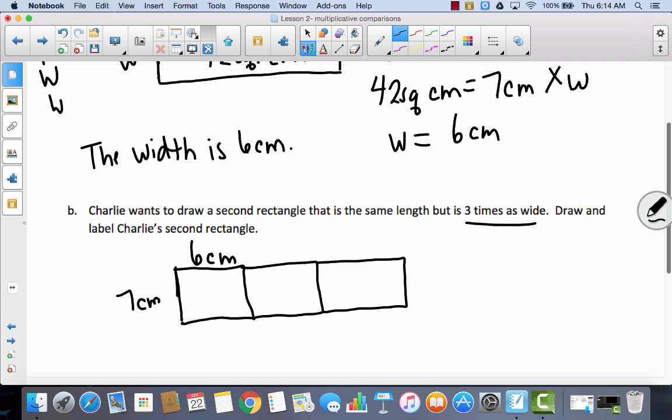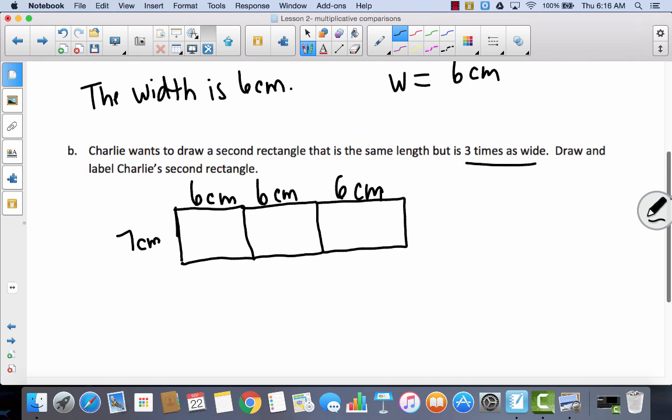That's not exactly the same, but we're going to pretend that it is. So we know that Charlie has a length of 7, and then he has this width 3 times. Okay, so it just said to draw and label Charlie's second rectangle. So that's what we did. So here we have the length is 7, and we have the width is 3 times as wide as it was in his original rectangle.